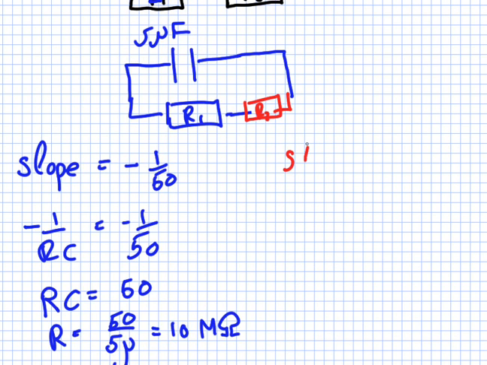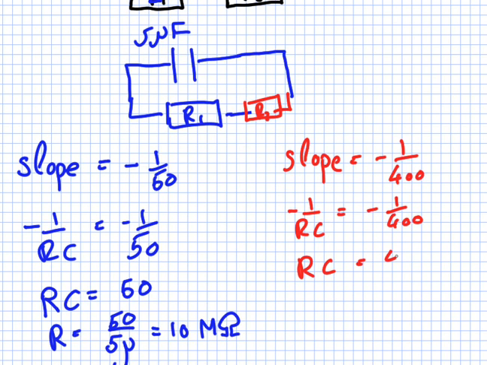So now we get the slope equals minus 1 over 400. So then I have minus 1 over RC equals minus 1 over 400. So RC equals 400. So R equals 400 over C. And in this case the C is still 5 micro.